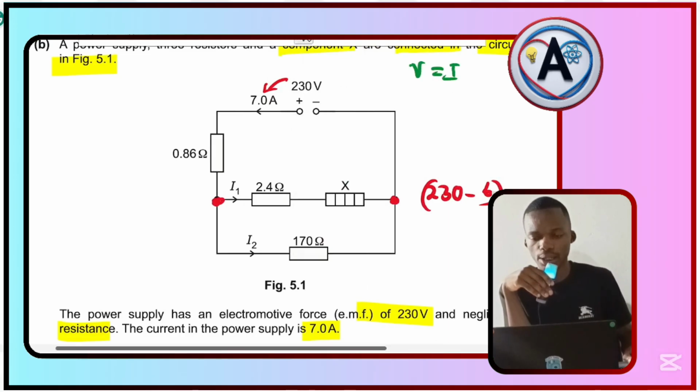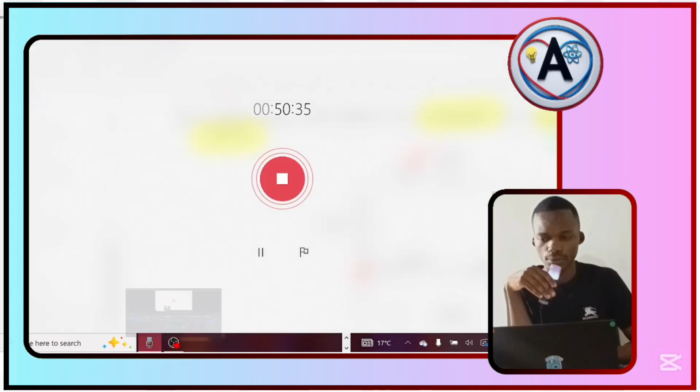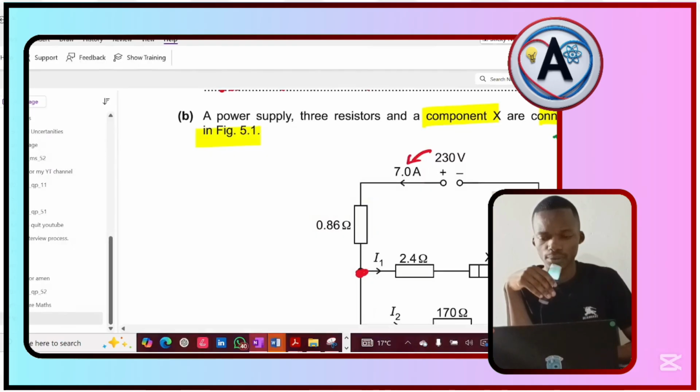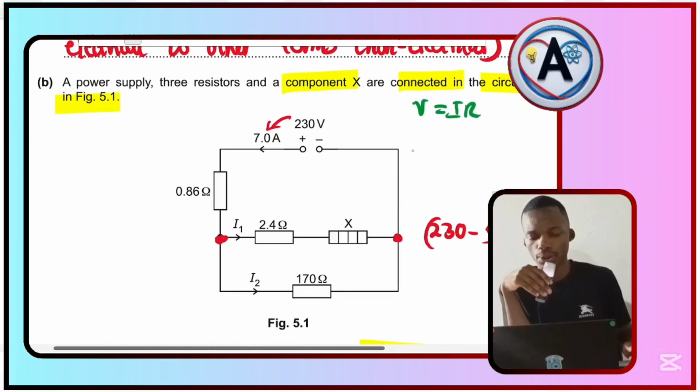I want to figure out what is happening to the value of R as all of this is happening. Okay, so I know that V is constant. It's still 230.